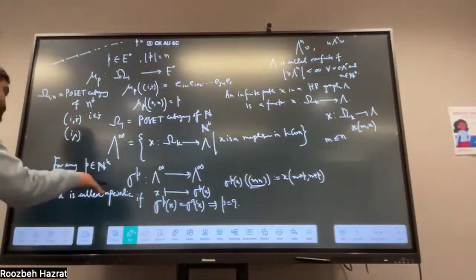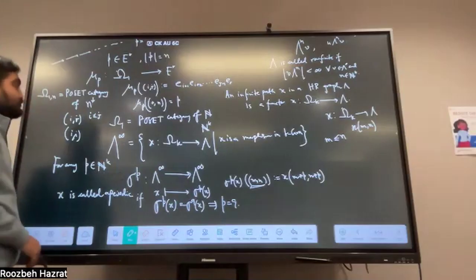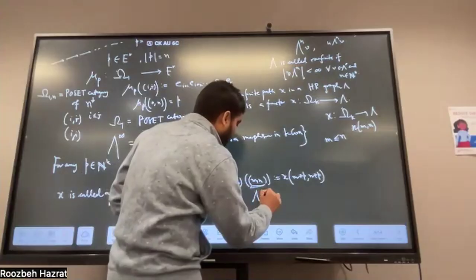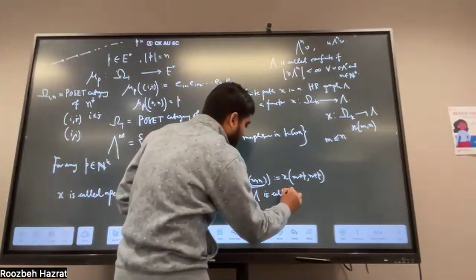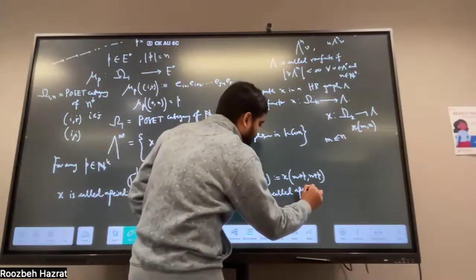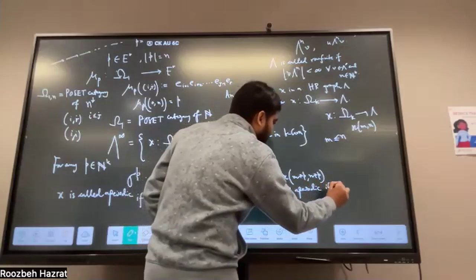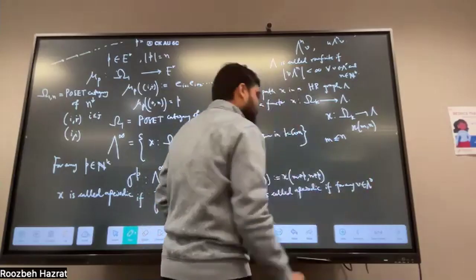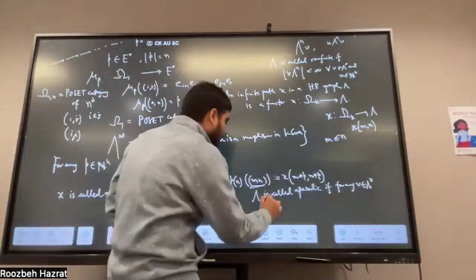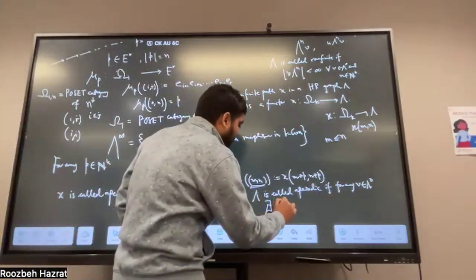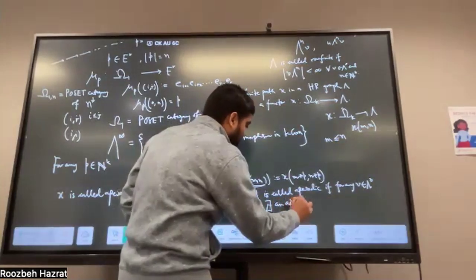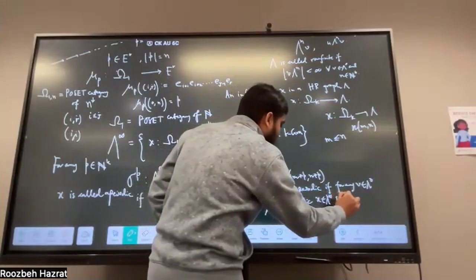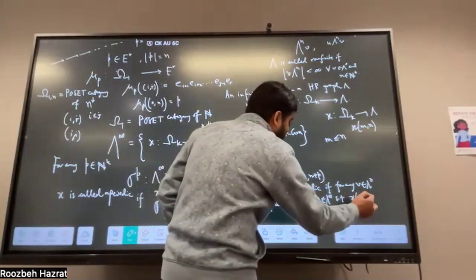So this is the definition of aperiodic, and your higher rank graph Lambda is called aperiodic if for any vertex v in Lambda^0 there exists an aperiodic path x in Lambda^infinity such that x(0) is v.